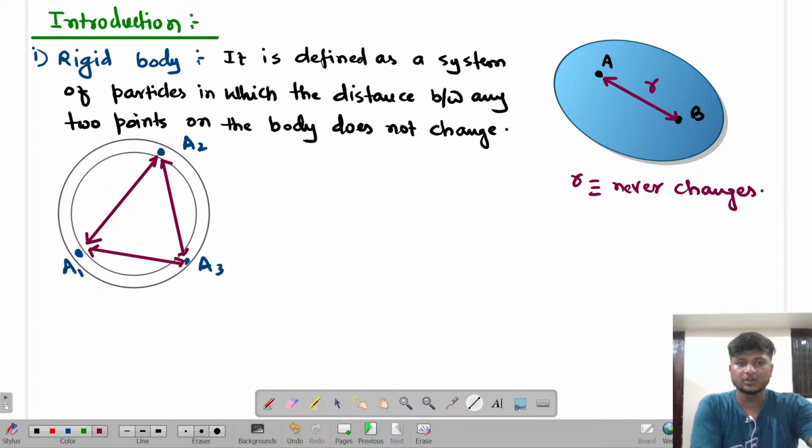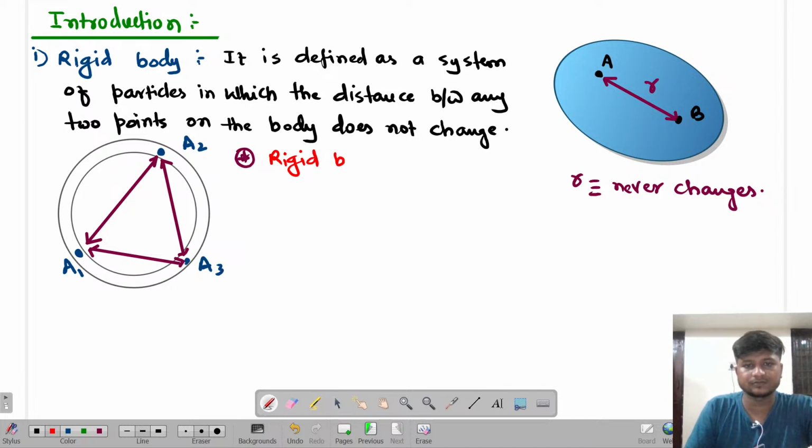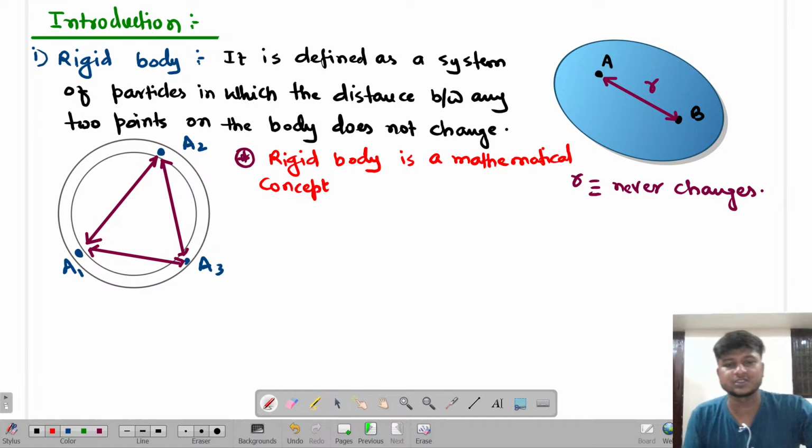So basically we can say that a rigid body is a mathematical concept. This means it is applicable for any kind of body. Even if two particles are kept at rest over here, and the distance does not change, they are a rigid body.